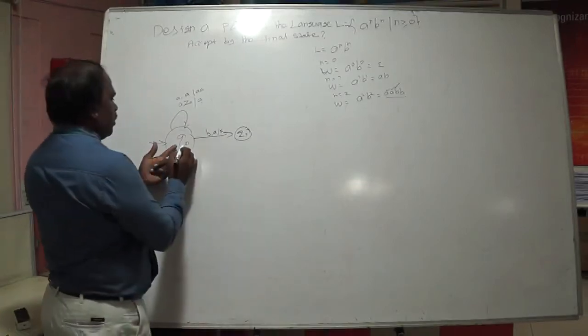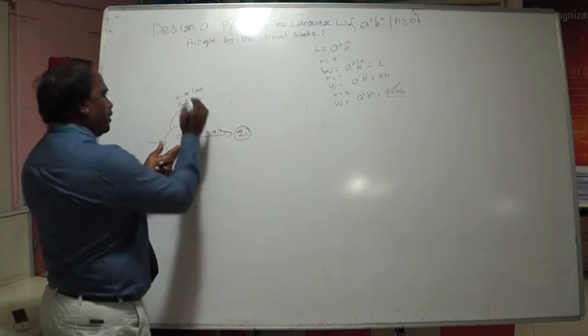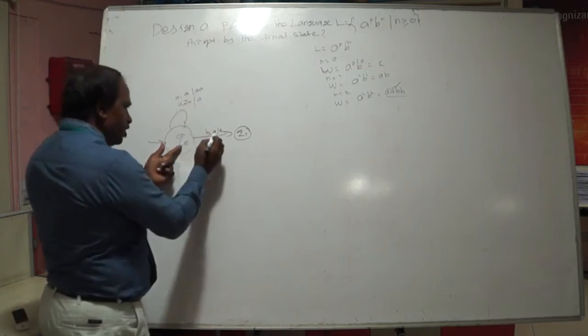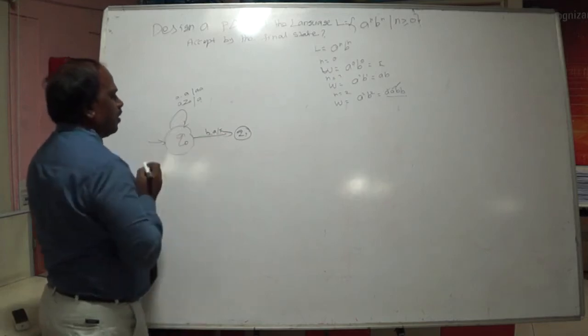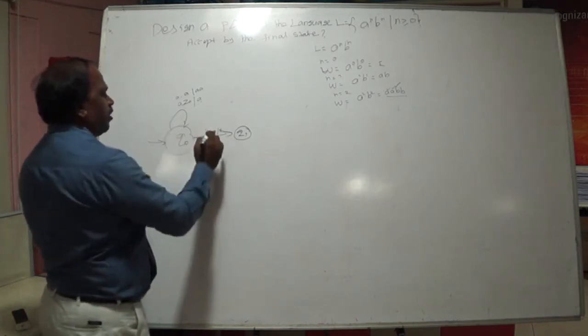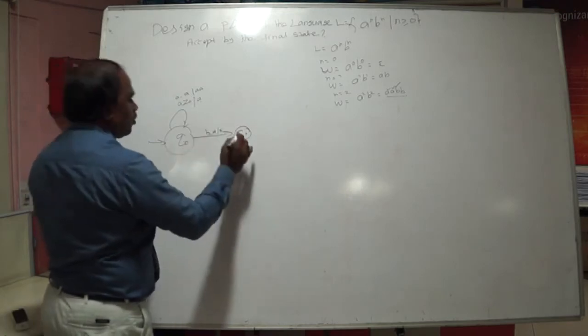So in Q0, the input symbol is B and the existing stack symbol is A. In that case, you pop one symbol from the stack and go to Q1.